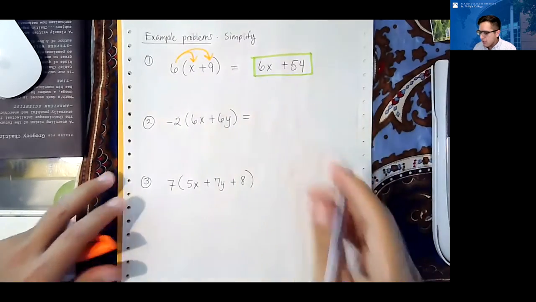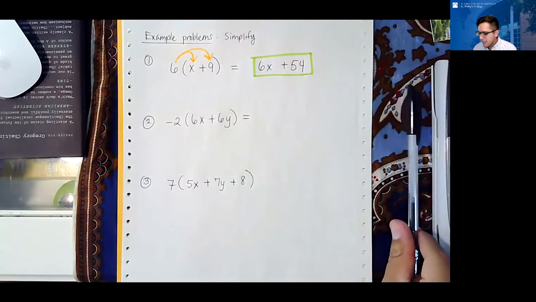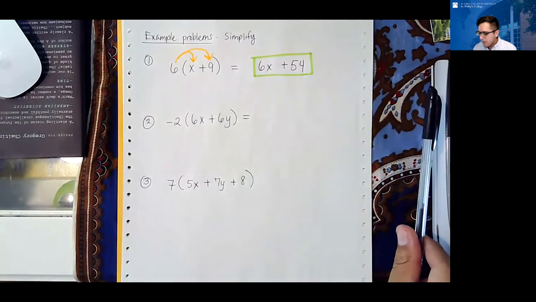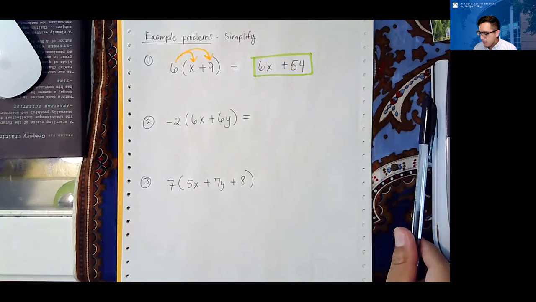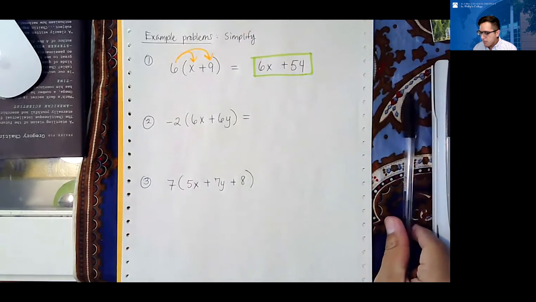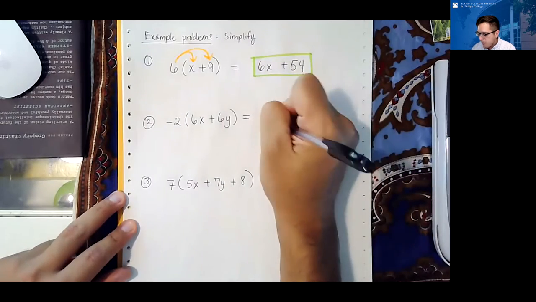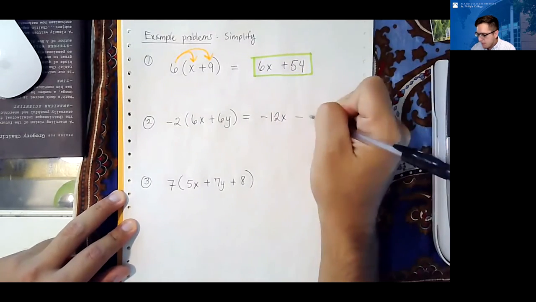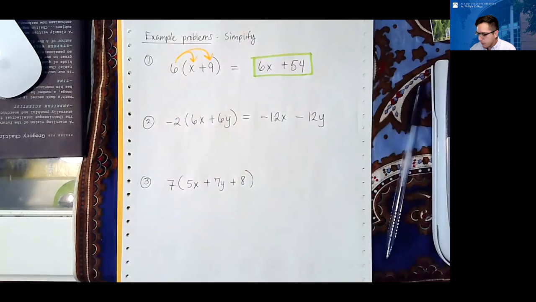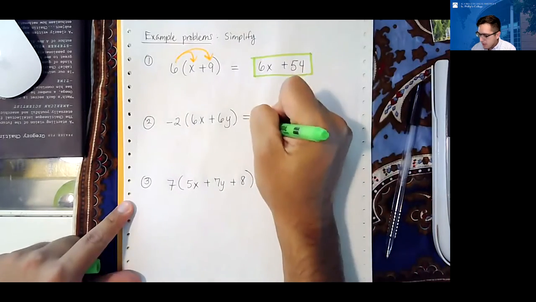Okay, what about the second expression? -12x minus 12y. Cool, perfect. Does anybody have any questions about this one?